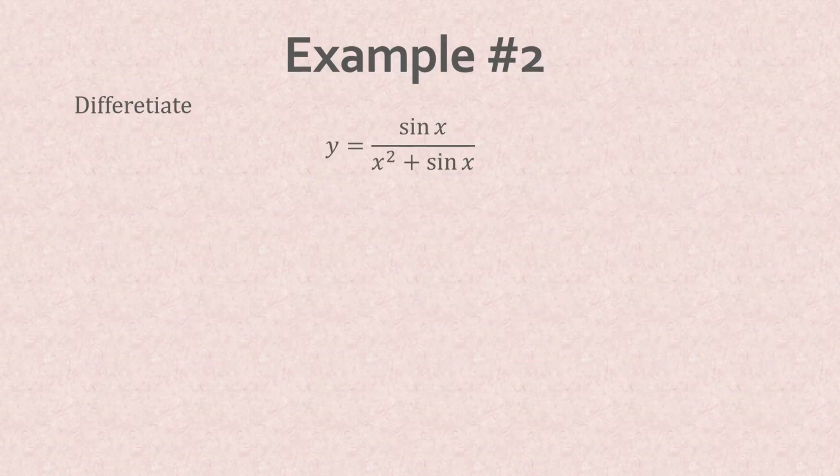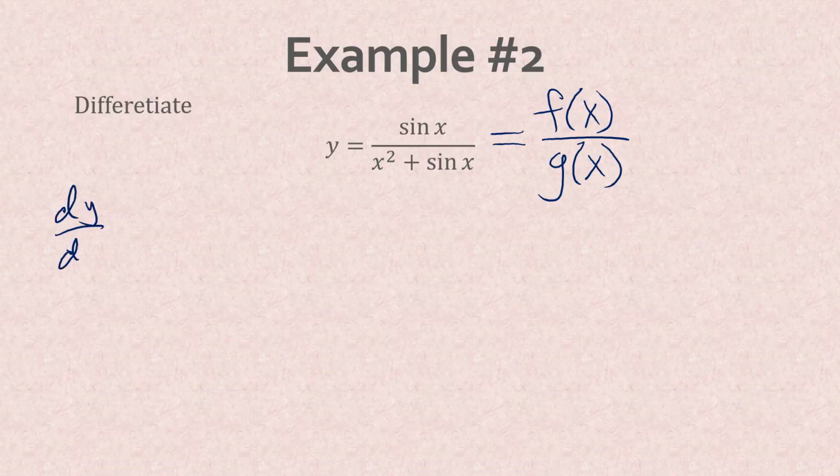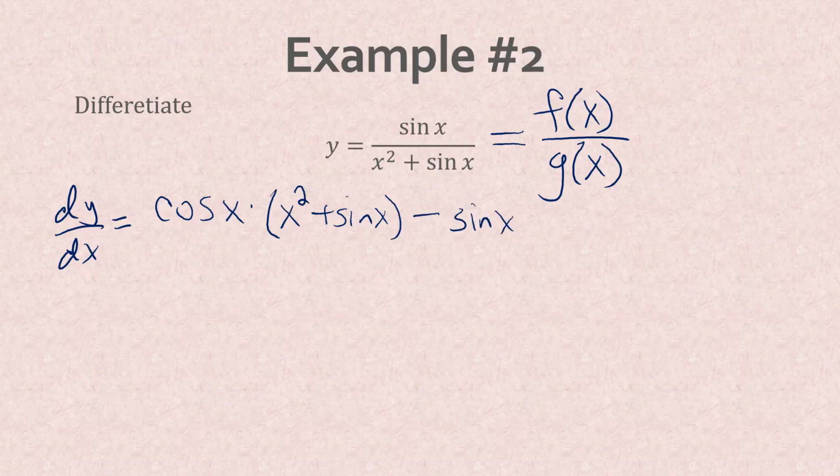So a slightly more complicated example is where your numerator and your denominator aren't just polynomials, so you don't just have a rational function, maybe you have some trig functions like sine x over x squared plus sine x. But the quotient rule is still the same. So the derivative of y with respect to x will be the derivative of the top, which is the derivative of sine x, which is cosine x, times the bottom, which is x squared plus sine x, minus the top, the sine x, times the derivative of the bottom.